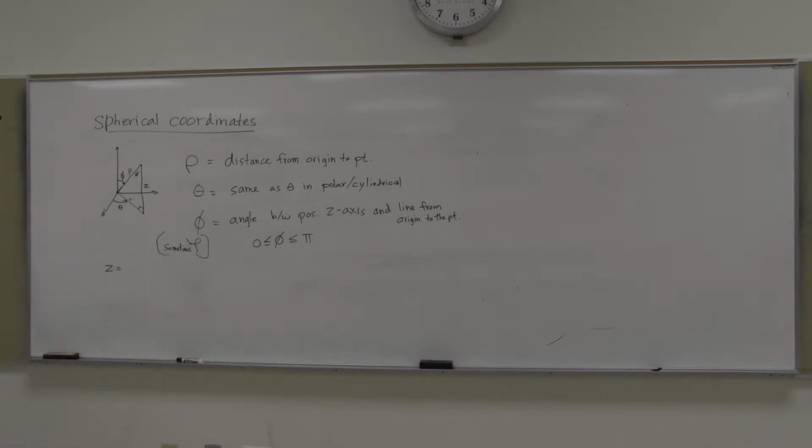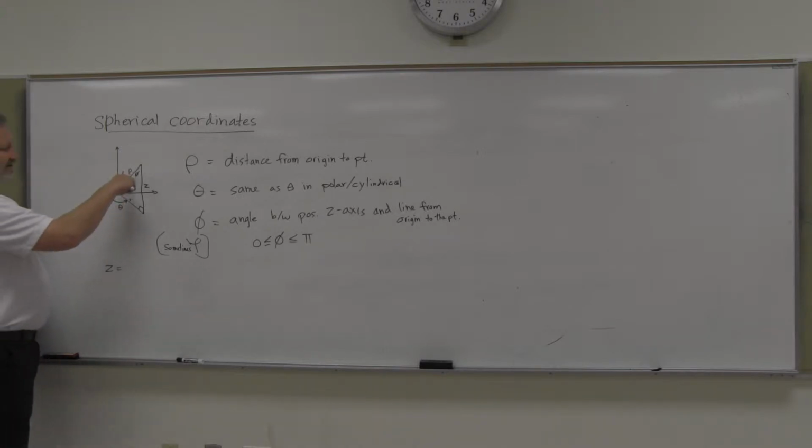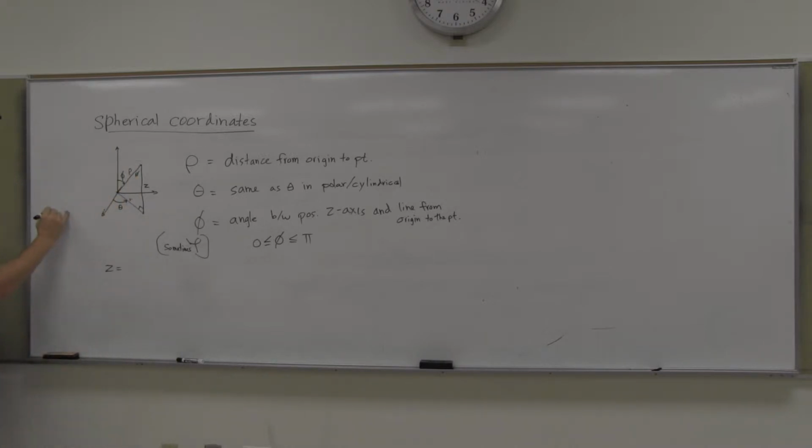That's going way back, isn't it? But anyway, if you look at it, rho is the hypotenuse. So there's my 90. That's Z. This is phi. This is rho.